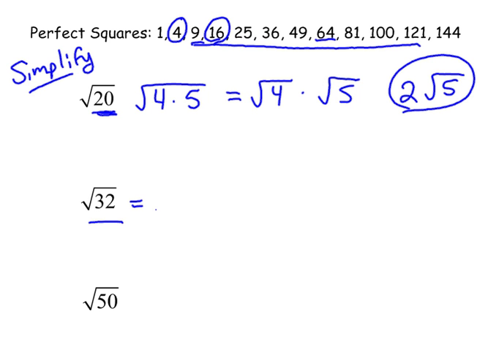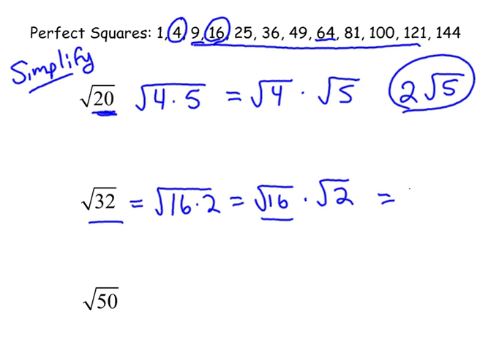So we're going to say the square root of 32 is equal to the square root of 16 times 2. So we've just split up 32 into some of its factors. So that's the square root of 16 times the square root of 2. We just broke up that big radical into 2 smaller ones. We know the square root of 16 is 4. So it's 4 times the square root of 2. Since the only factor of 2 that's on our list of perfect squares is 1, we know we're finished.